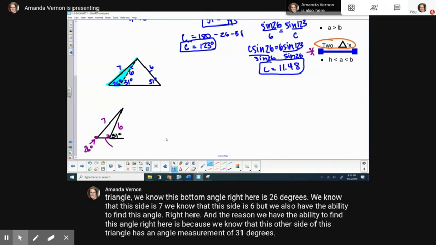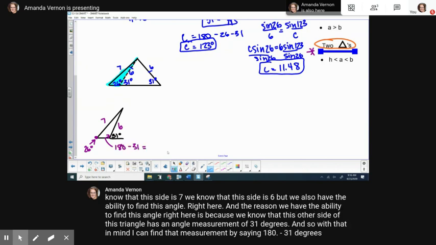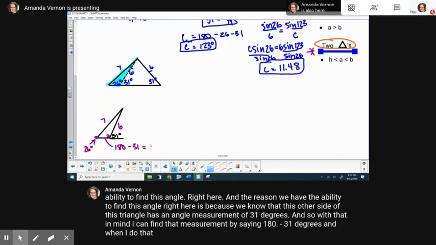So I can find that measurement by saying 180 minus 31 degrees. And when I do that, I get 149 degrees.